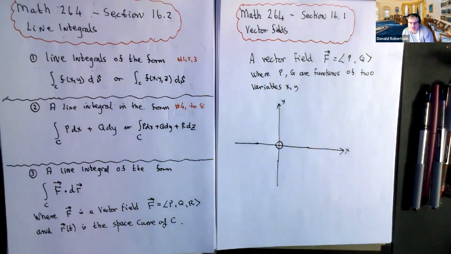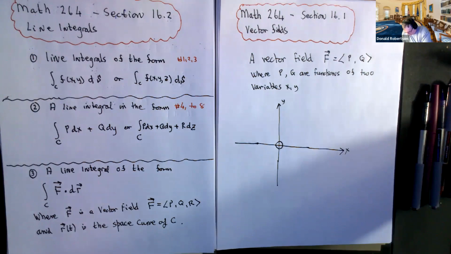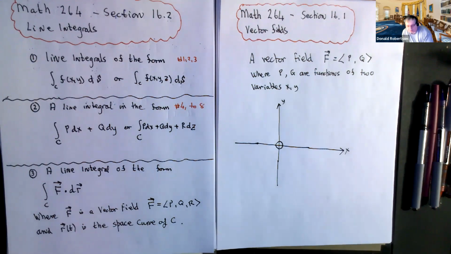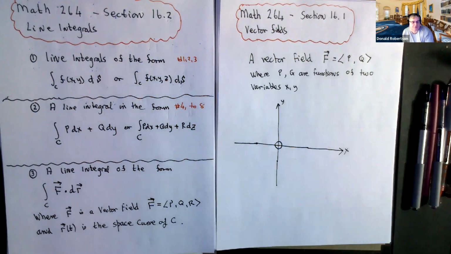And then at the tail end, we'll create a particular kind, a very popular vector field, and it's a guy you already know. It's a gradient. Actually, the gradient's full title is a gradient field. So that'll be the last few questions, and 16.1 should probably take us, I don't know, half an hour.